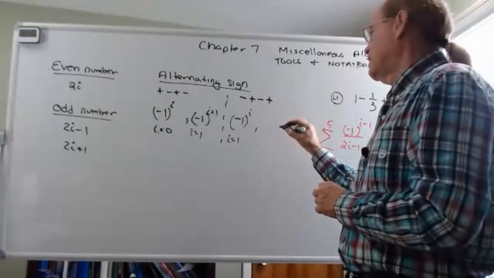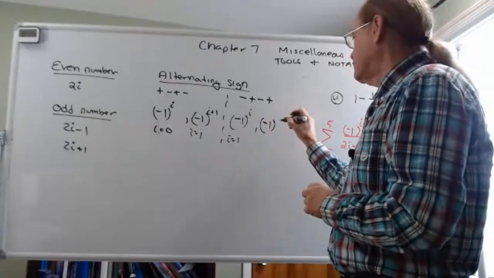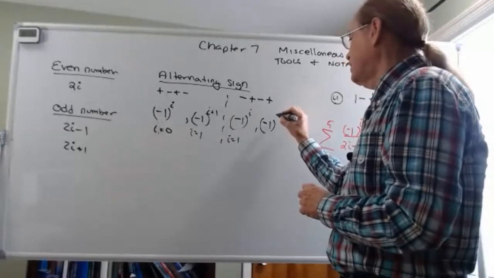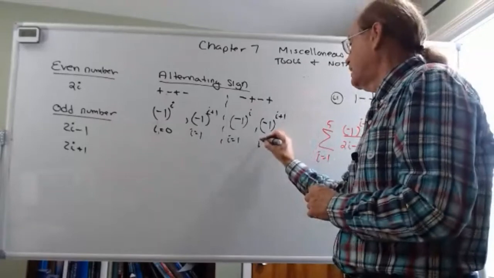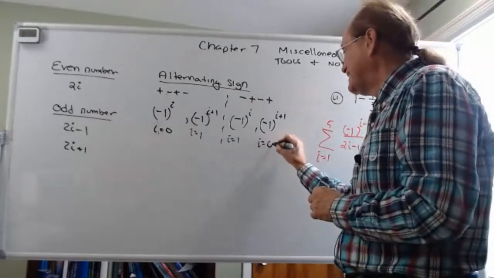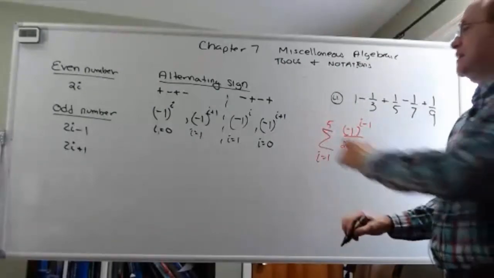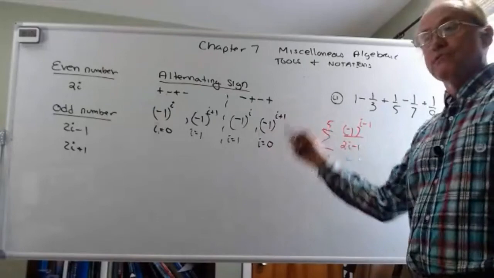Or you could start out with negative 1 to the i plus 1, but here i starts out not at 1, but at 0. You have to actually put in the first few terms to make sure it's correct.